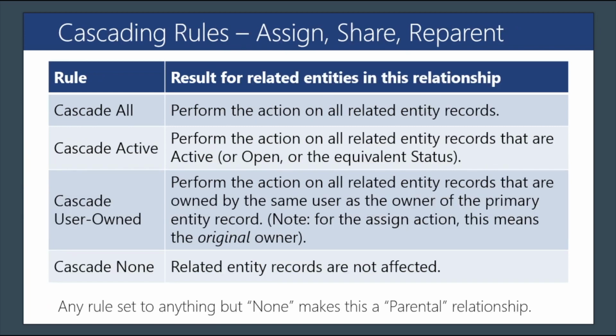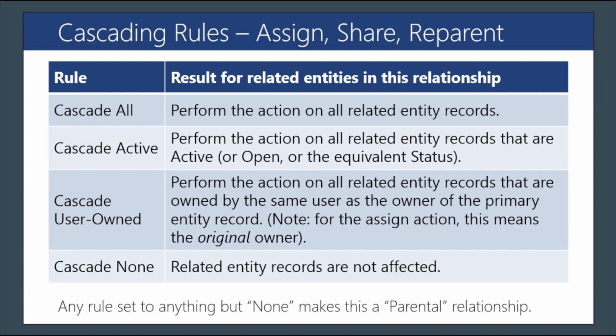So again, managing the rules for doing this cascading operation, you can tell it to cascade all. So ultimately, that would say do it on all related records. You can tell it to cascade active, so basically on any records that are active versus records that are historical.